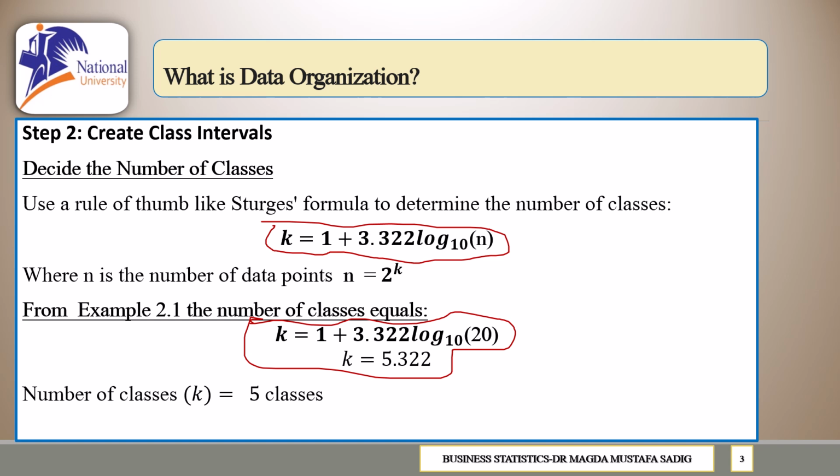Since we cannot have a fraction of a class, we round the answer. Therefore, our frequency distribution will contain 6 classes. Always remember, Sturges' formula is only a guideline. Depending on the situation, statisticians may use 5, 6, 7, or even 10 classes. The objective is to summarize the data clearly.